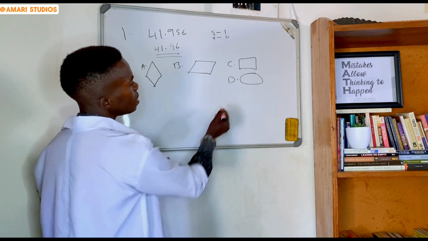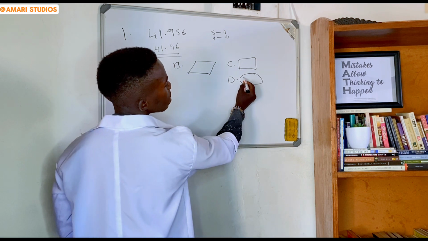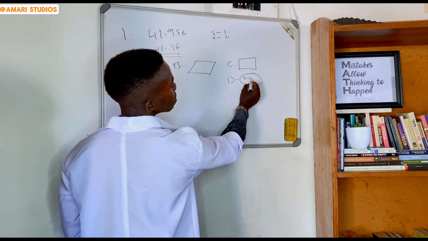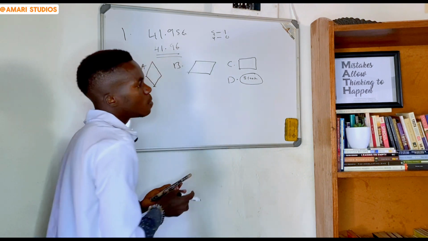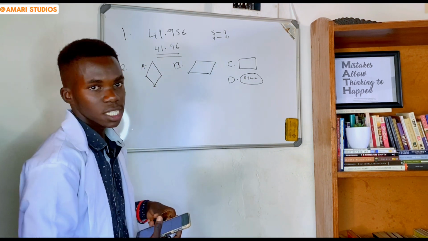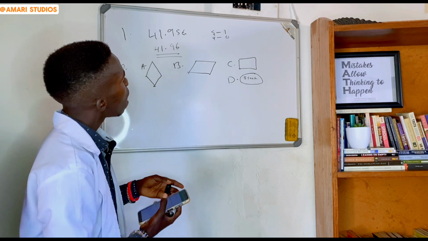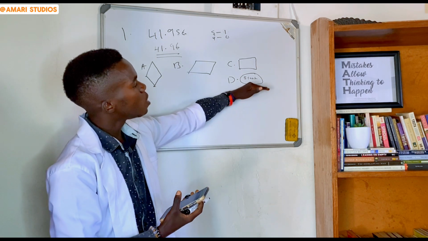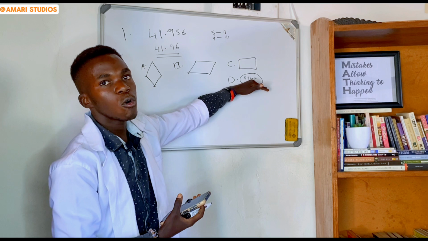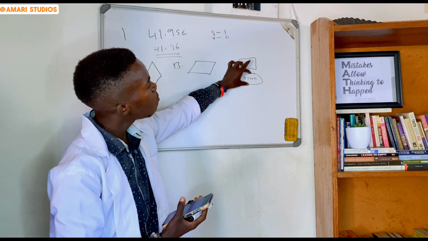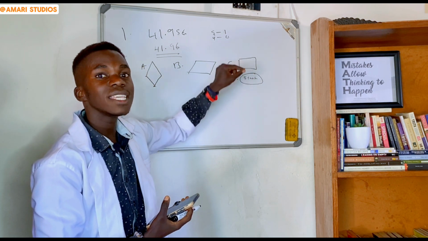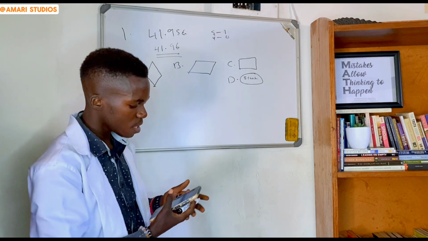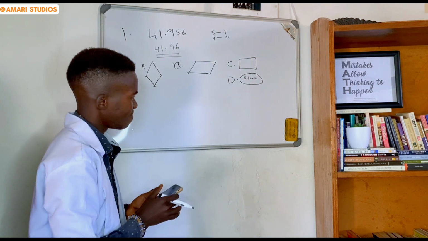Then lastly but not the least, we have an oval, which represents the start and the end of a program. So if you see a flowchart, the first shape that is going to be there will be an oval shape. So the answer was supposed to be D.